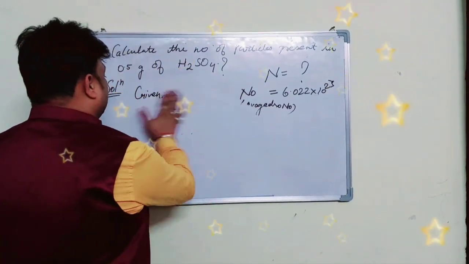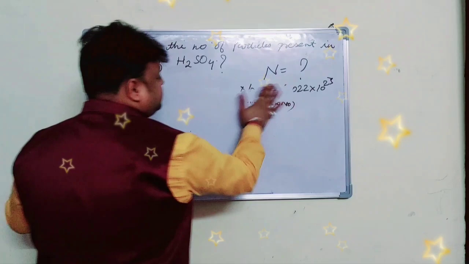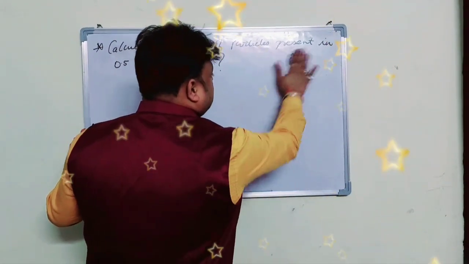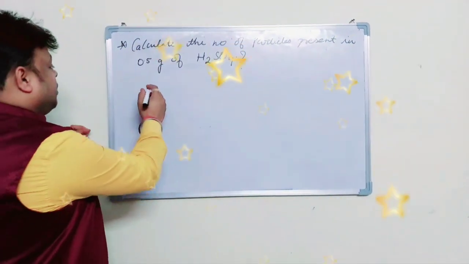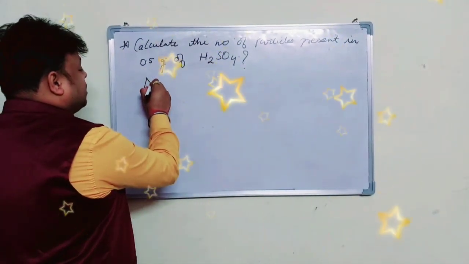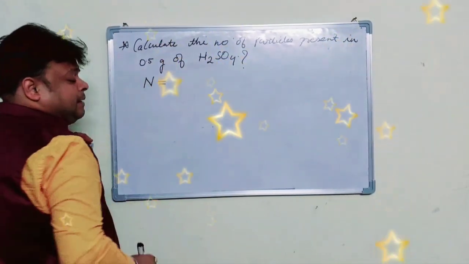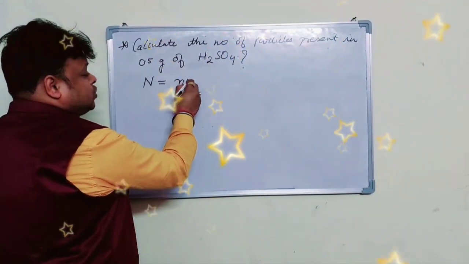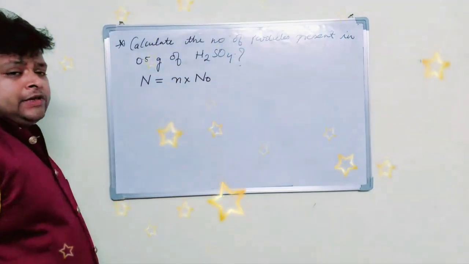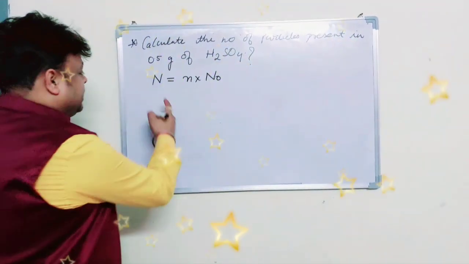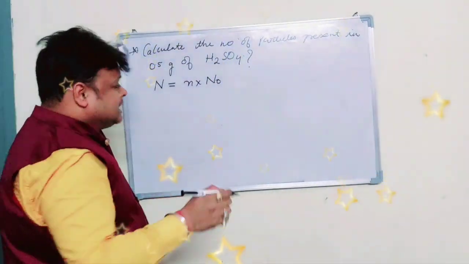Now we have to put these values in the formula which I had given to you. For calculating the number of particles, we have to use capital N equals small n into N0. This is our formula. Here capital N represents the number of particles.